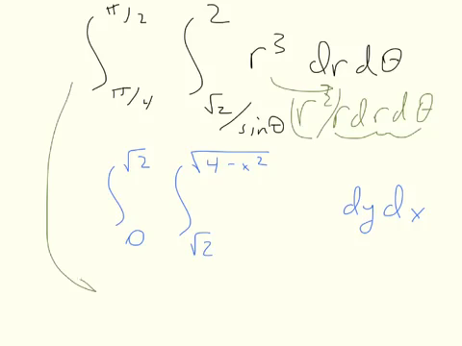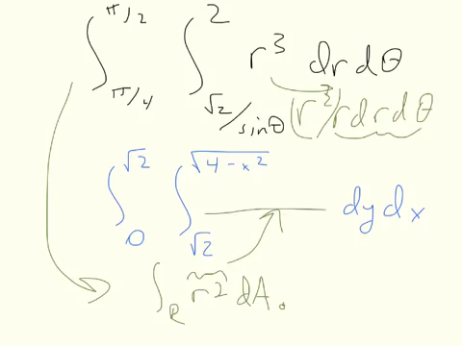This integral is the integral over a region of r squared dA, and it's the r squared function that needs to be converted into rectangular coordinates. R squared is luckily pretty straightforward. In rectangular, it becomes x squared plus y squared.